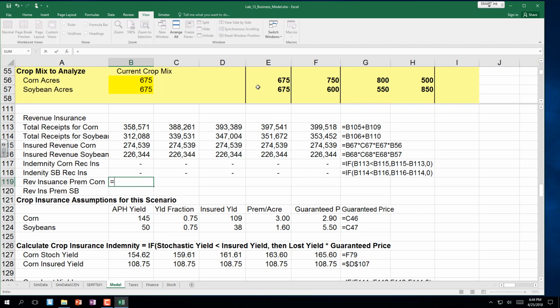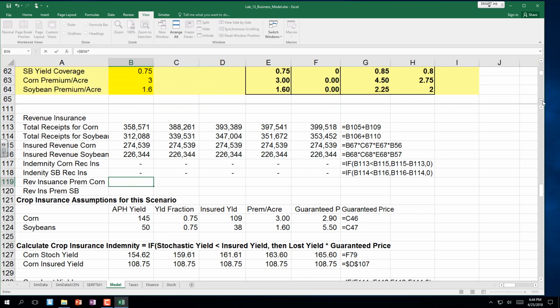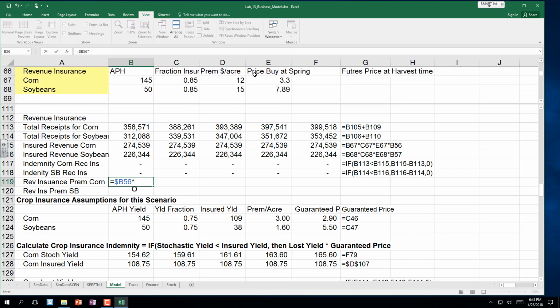Remember we have that, well, it's going to be acres. So I'm going to press F4 twice, 3 times on that. It's going to be the acres because you have to buy it for all of your acres, times the premium. And we put that premium in here at $12 an acre.